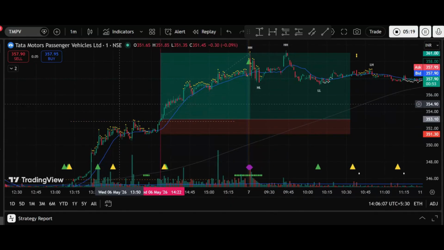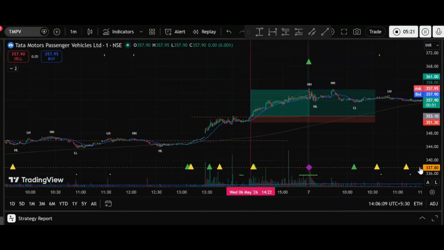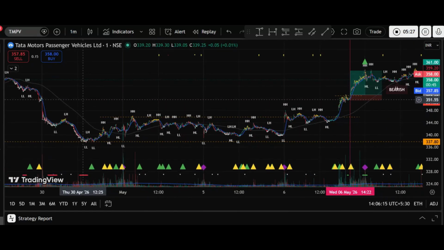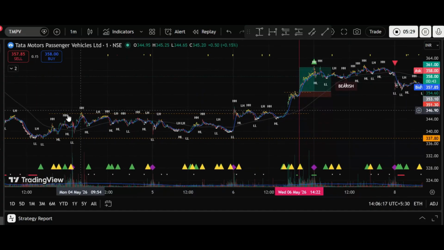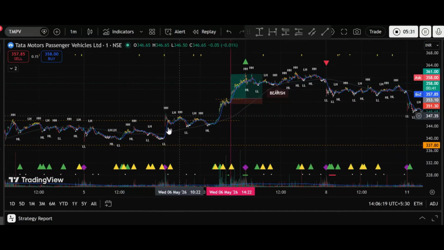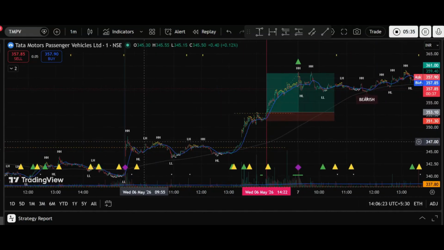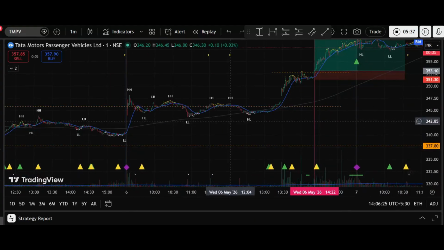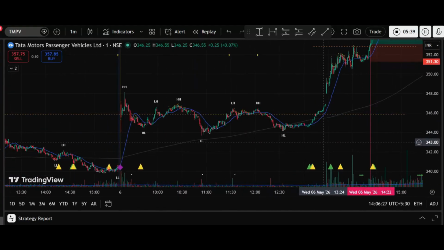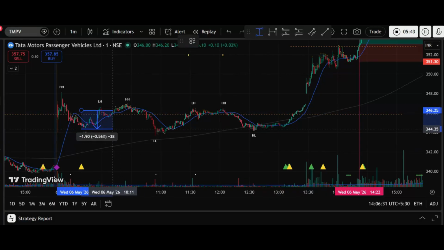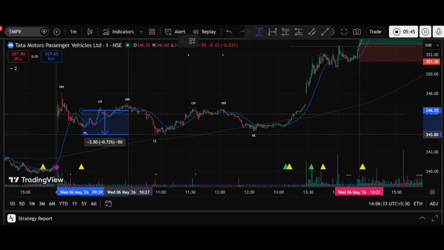Now this is 6th of May and we have been tracking this price from 30th of April. Again, 1, 2 days of full consolidation, third day the breakout, but still we are not keen to have an entry here because if you do so, the price can still move downwards.